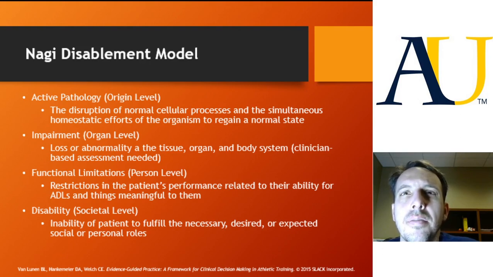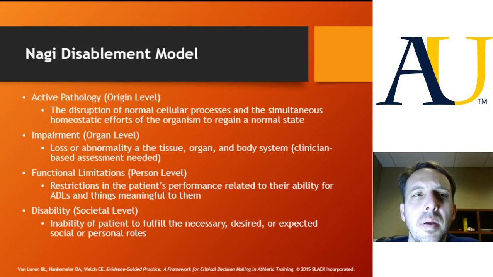These are all very important to the clinician in order to treat the pathology, but fail to incorporate the patient into the care plan. When you get into that, we then get into this idea of functional limitations and then disabilities as classified in the Nagi disability or disablement model.